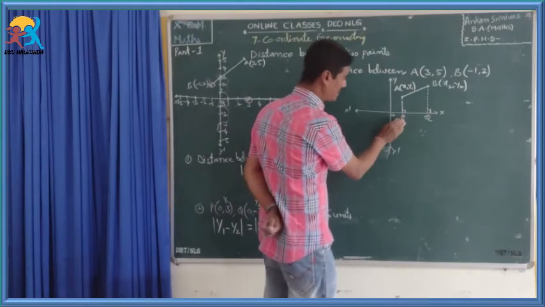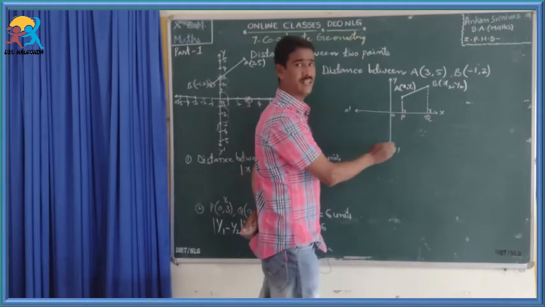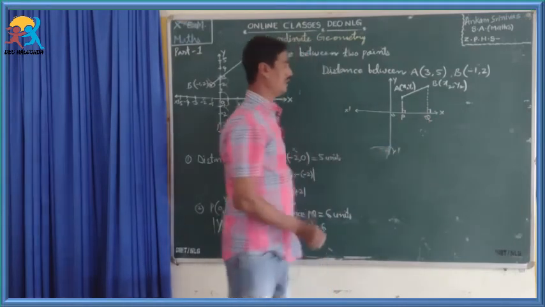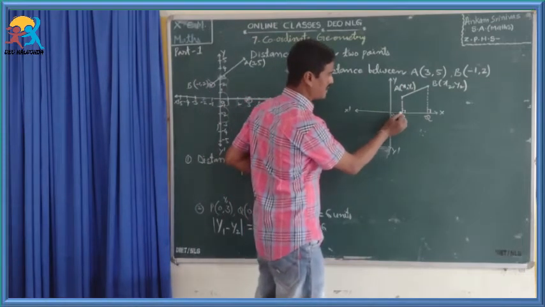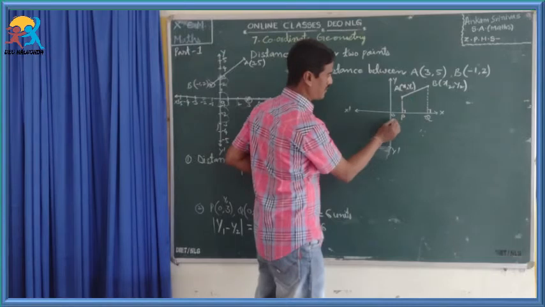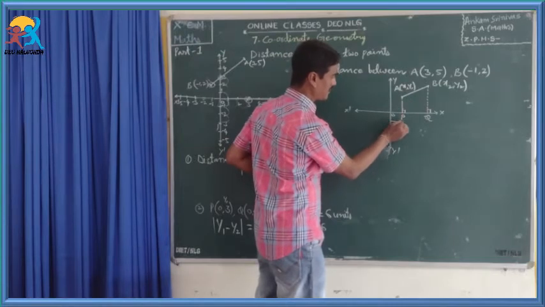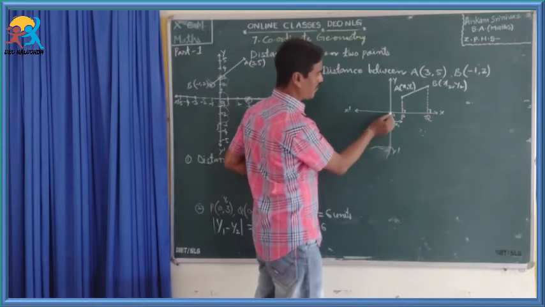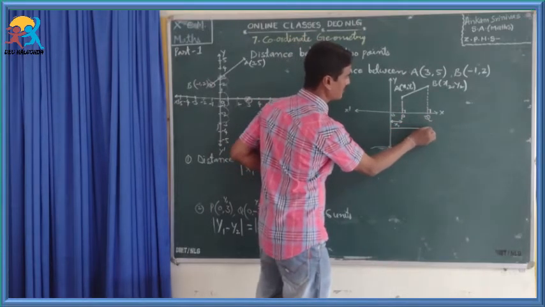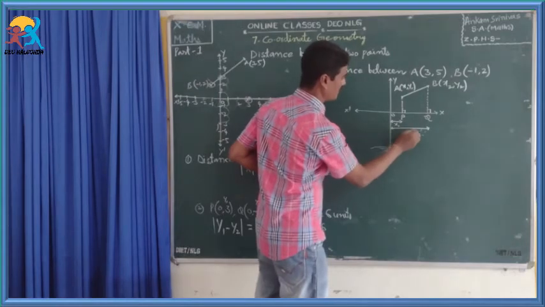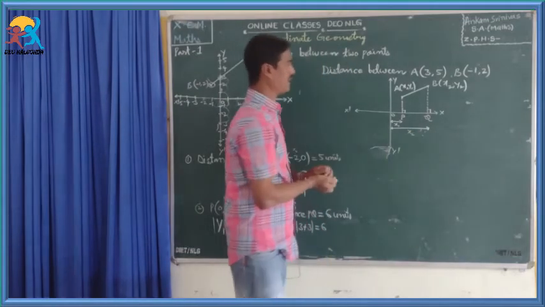Now what are the coordinates of P and what are the coordinates of Q? Let us suppose from here to here the distance is x1 units. And origin to Q is x2. Why?